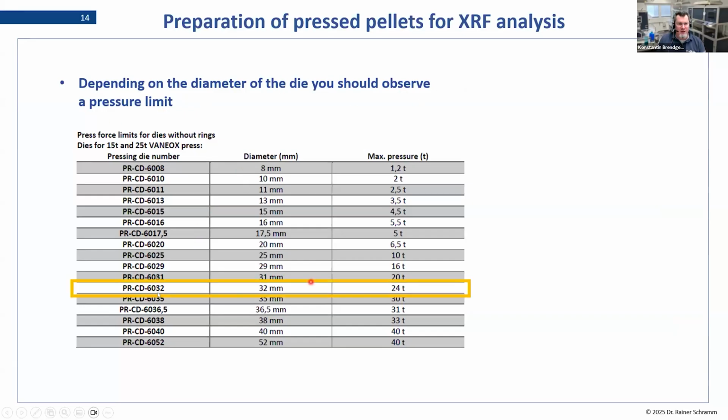In case of our preferred 32 millimeters, the maximum pressure we apply to this die is 25 tons, which is quite a lot. I think our actual preparation document says maximum pressure 20 tons. So this is the one that is for the equipment. You should not overpress a pressing die because that will actually damage it.